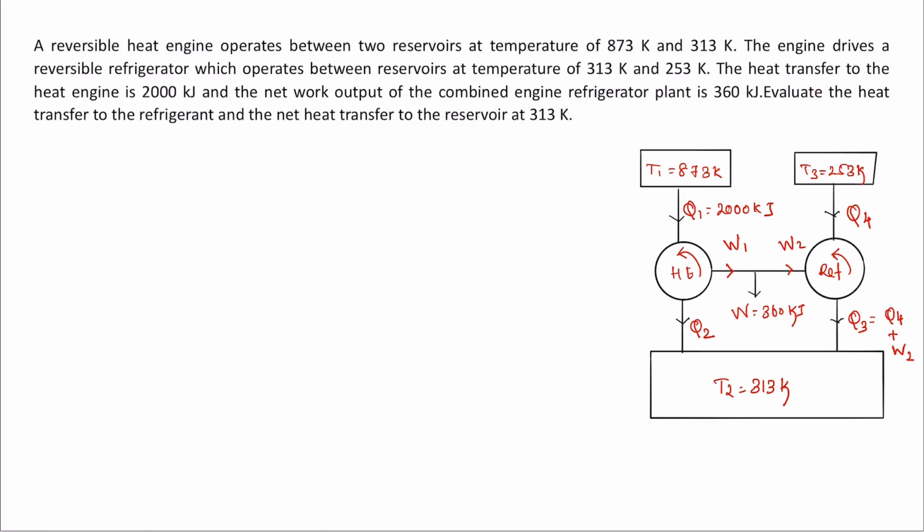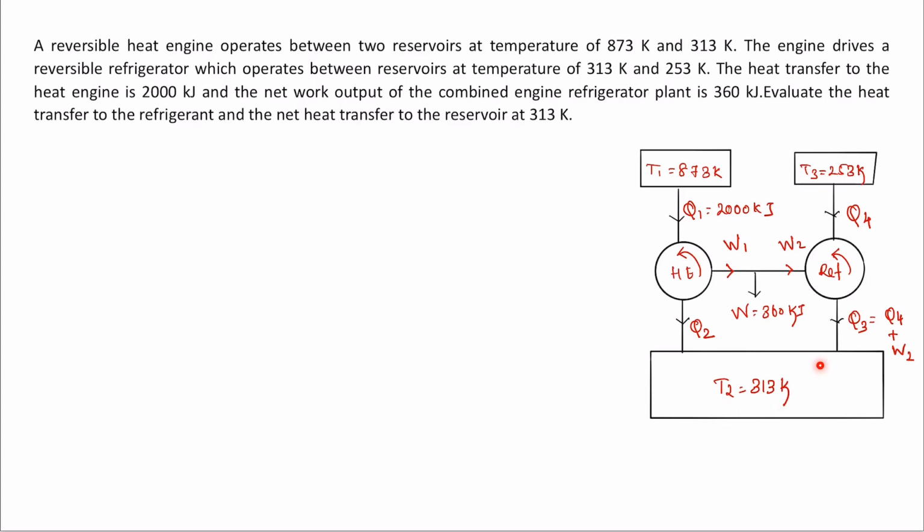Evaluate the heat transfer to the refrigerant and the net heat transfer to the reservoir at 313 Kelvin. We have to find the value of Q4, which is the heat transfer to the refrigerant, and the net heat transfer to the reservoir at 313 Kelvin. This is the reservoir which is of 313 Kelvin.